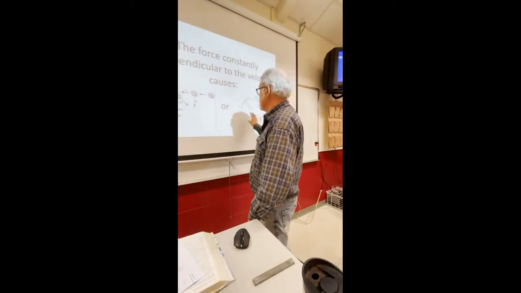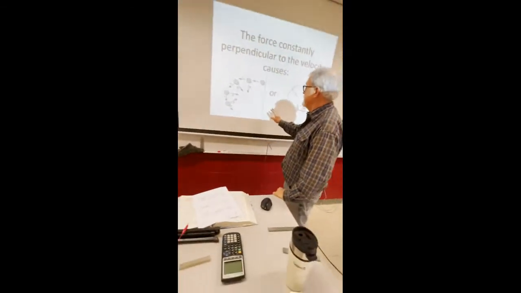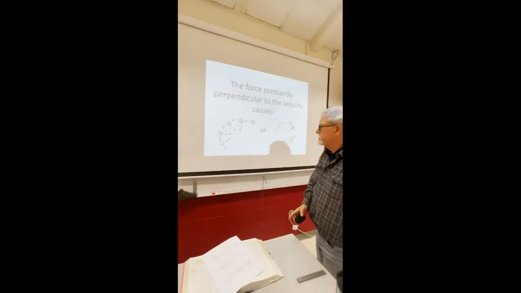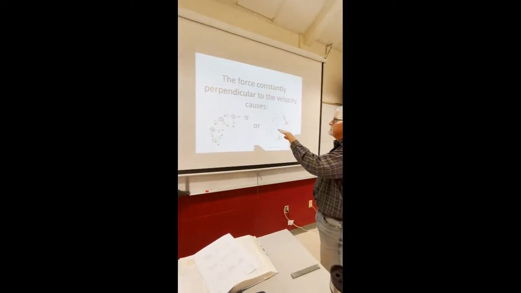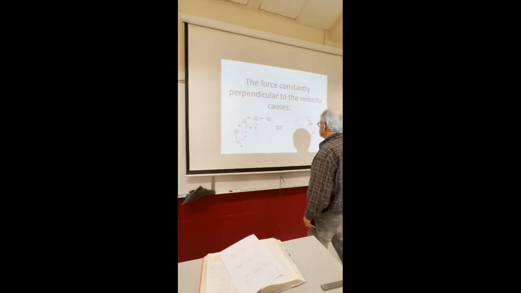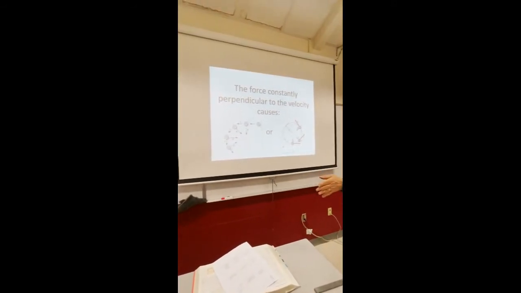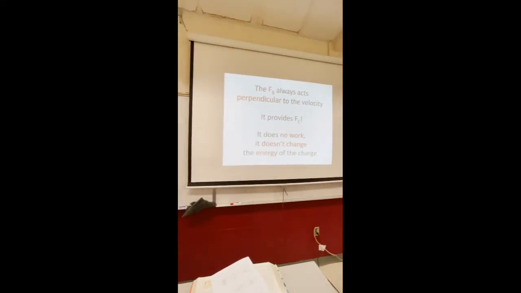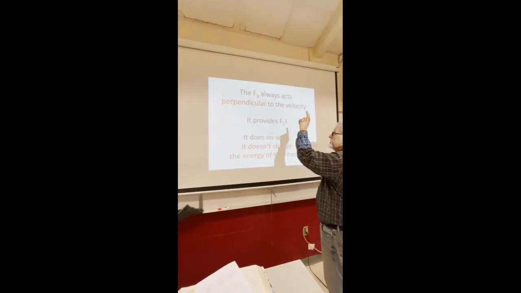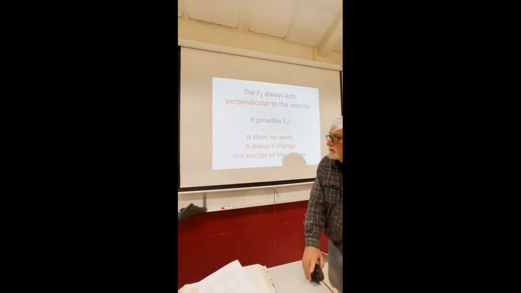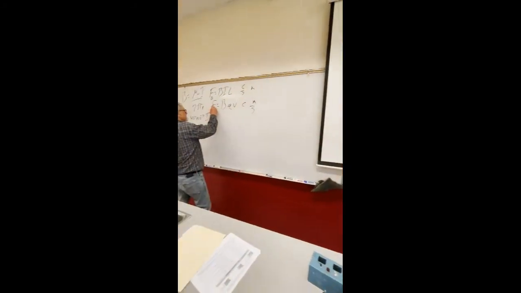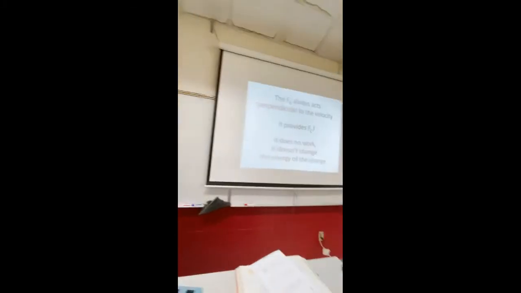This is a very useful phenomenon that we use here, and we'll get into other applications of that as well. So the force is constantly perpendicular to the direction of the velocity, which causes curved paths. In other words, that magnetic force, I left the B out over here, provides a centripetal force.